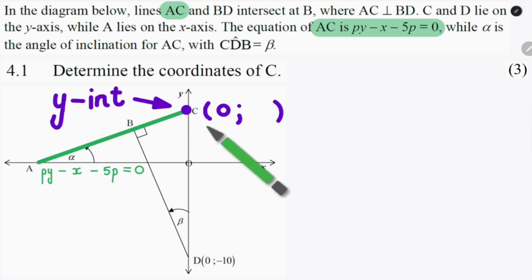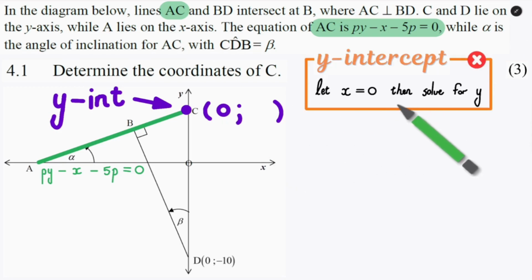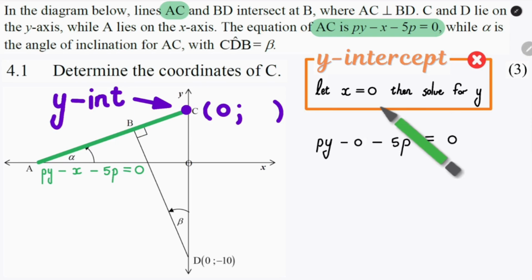It's the y-intercept. Okay, and what do we know about the y-intercept? We know that the x value is 0, and if we want to solve for it, we let x equal 0 and then solve for y. So we're going to do exactly that. We're going to grab the equation of AC, replace this x with a cheeky little 0, and then we solve for y.